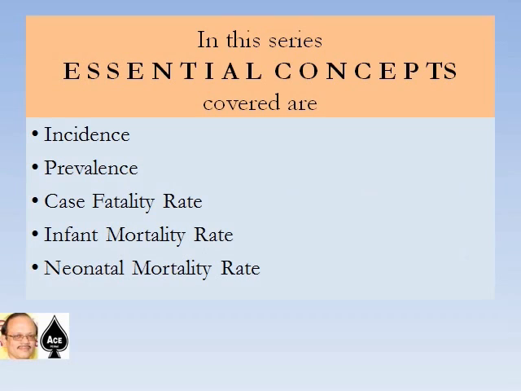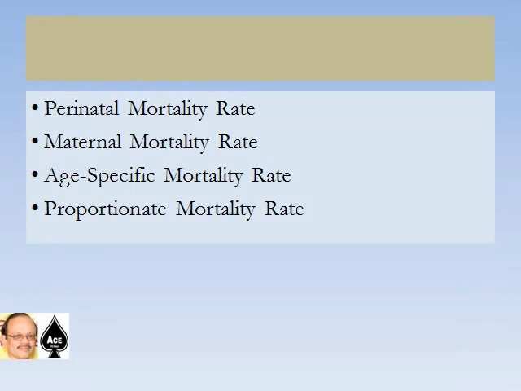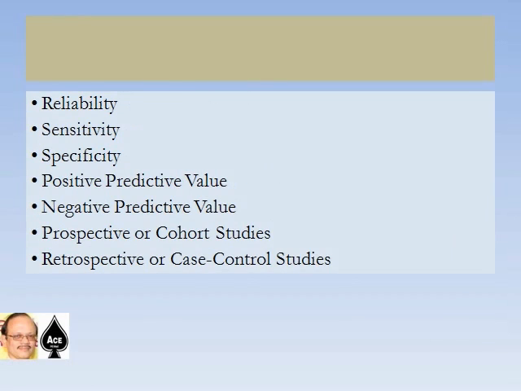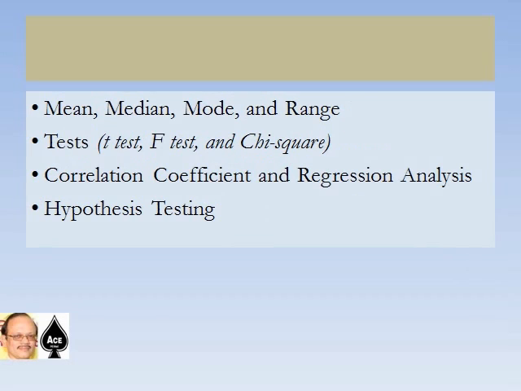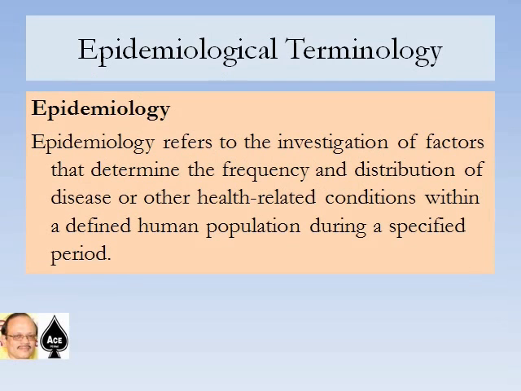So in this series, the essential concepts covered in biostatistics and research in medical studies are the incidence, prevalence, the case fatality rate, infant mortality rate, neonatal mortality rate, perinatal mortality rate, maternal mortality rate, age specific and proportionate mortality rate, reliability, sensitivity, specificity, positive predictive value, negative predictive value, prospective or cohort study, retrospective or case control study, prevalence or cross-sectional studies, experimental studies and clinical trials, relative risk and odds ratio, the normal distribution or the Gaussian distribution, mean, median, mode and range, the various tests, t-test, f-test and chi-square, correlation coefficient and regression analysis, hypothesis testing.